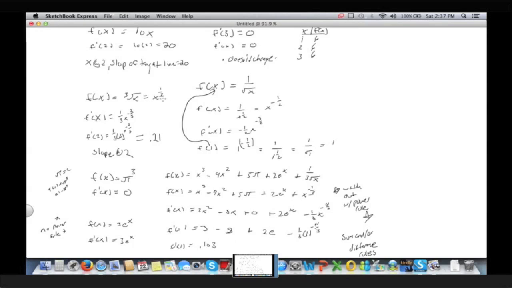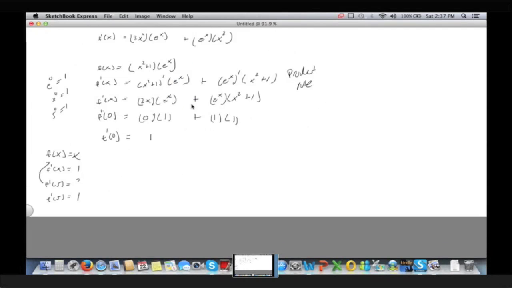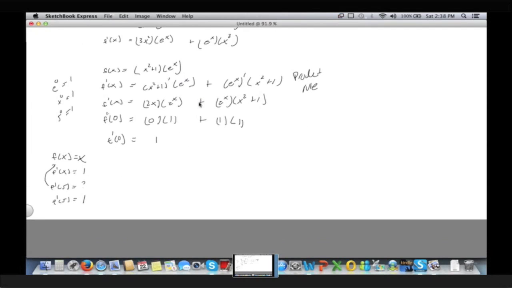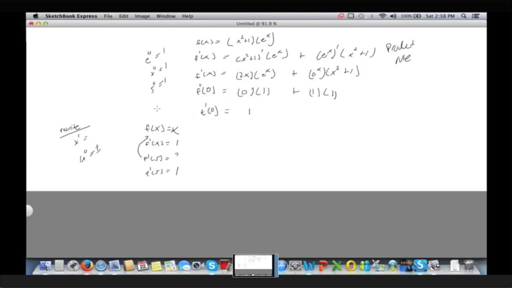Now let's scroll back down and apply that same exact interpretation to our example here. The graphical one is when x is 5, the slope of the tangent line to the function is 1.